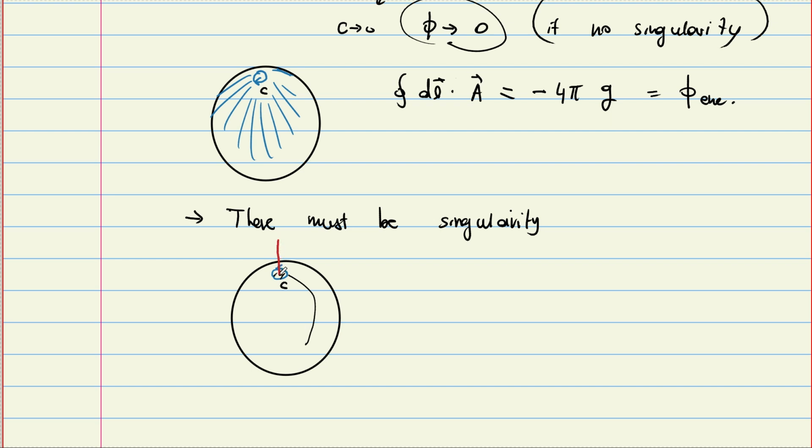Some very infinitesimal tiny flux tube enters the sphere from the top, and it just emanates this required flux from everywhere. So this is the Dirac string singularity. Good. So that's what Dirac said. I'm almost done.